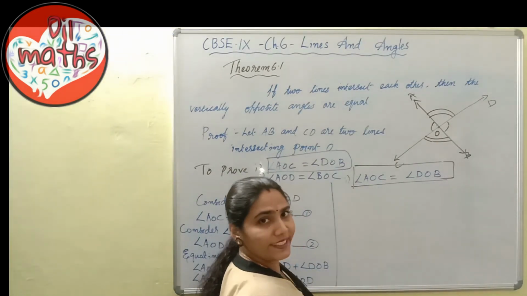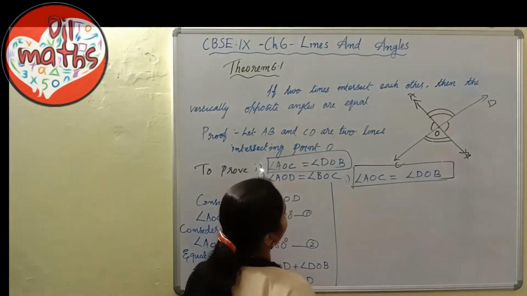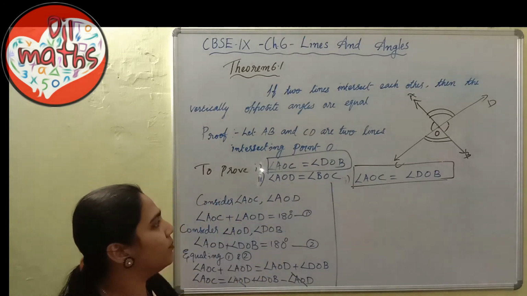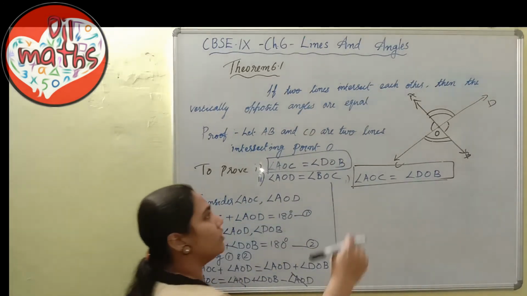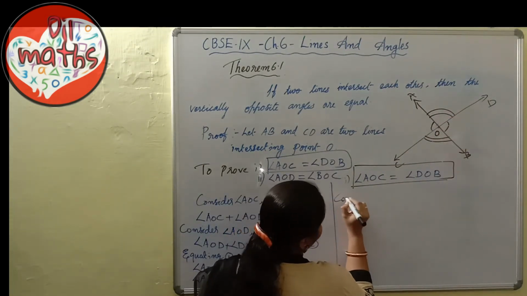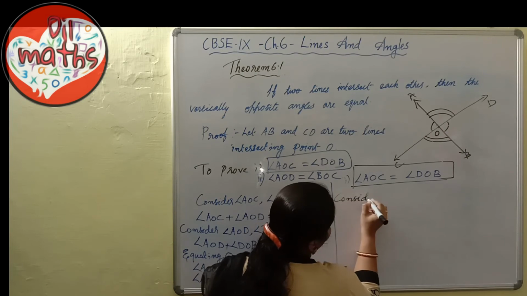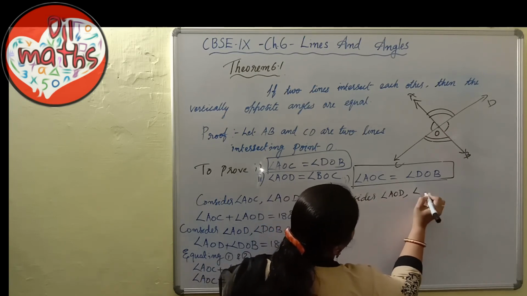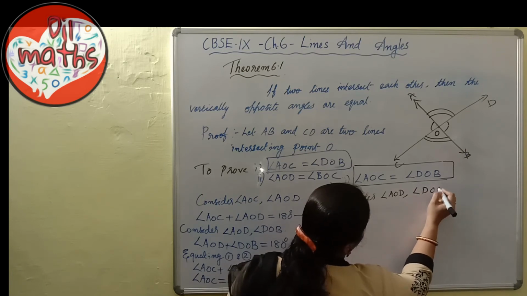Now we have to move to the second part. In the same manner, we can prove the second part also. What is the second part? Angle AOD is equal to angle BOC we have to prove. For that, we are going to take first these two pairs of adjacent angles. Consider angle AOD, angle DOB.